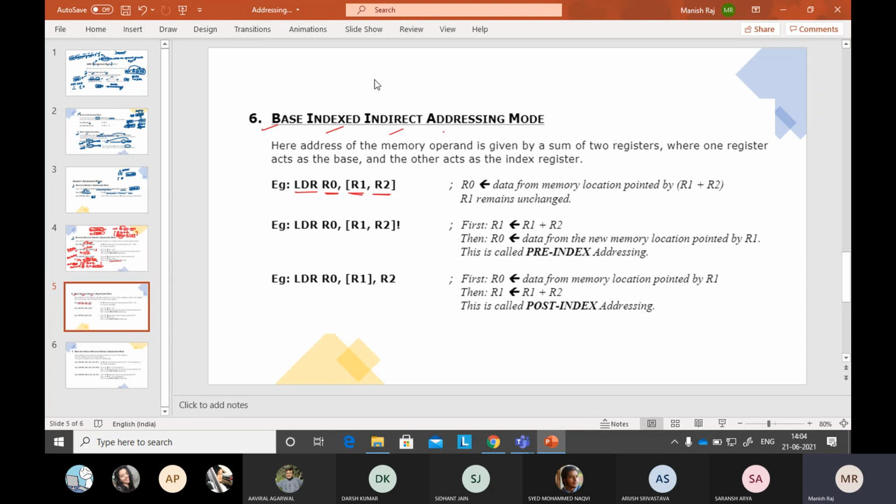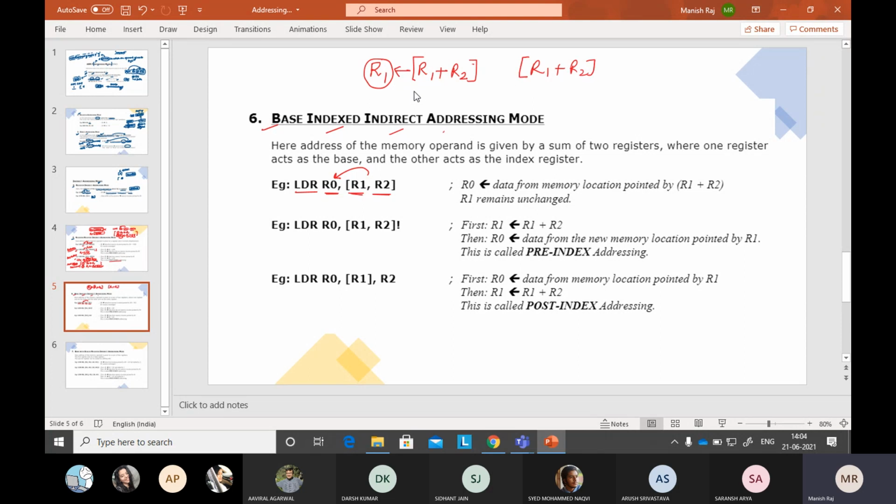So please understand, R1 will get the value in the first time: R1 will get the value R1 plus R2. So you will get the address of this, and then it will go to R0.